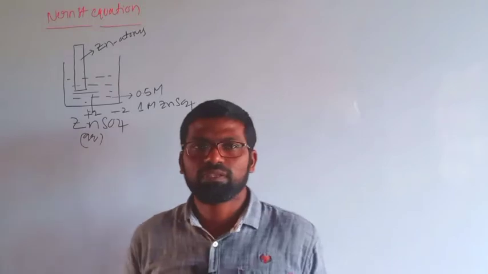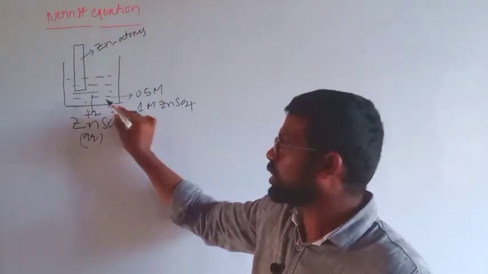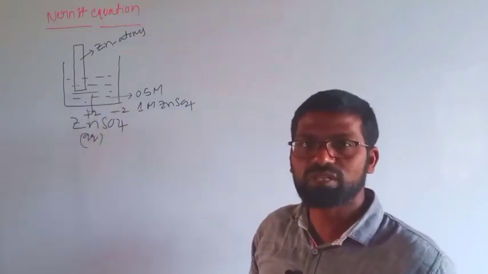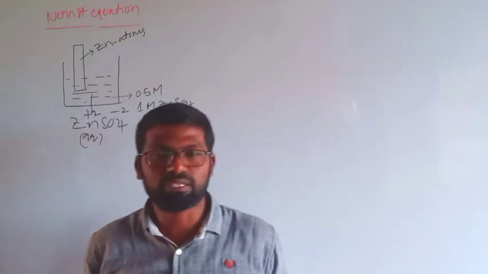That means the electrode potential of a particular electrode depends on the molar concentration of the electrolytic solution. This was the observation made by Nernst. So based on this observation, Nernst derived an equation called the Nernst equation.